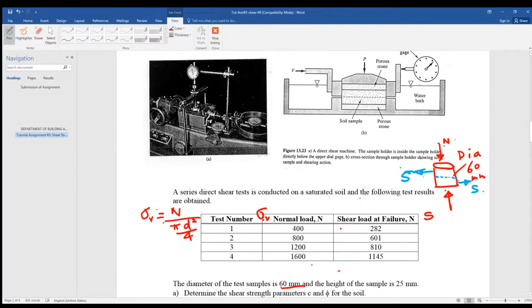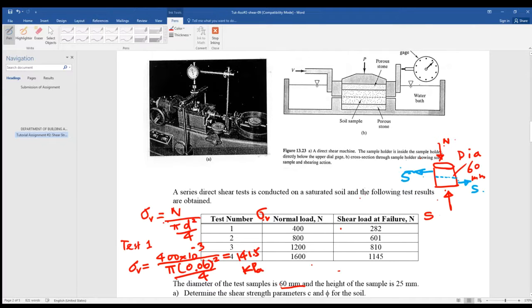So for test 1, sigma V equals 400 times 10 to the minus 3 kilonewtons, divided by pi times 0.06 meters squared over 4. What will you get? 141.5 kPa.